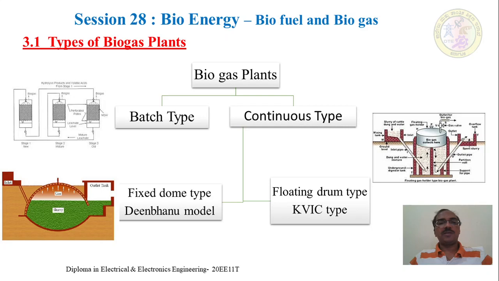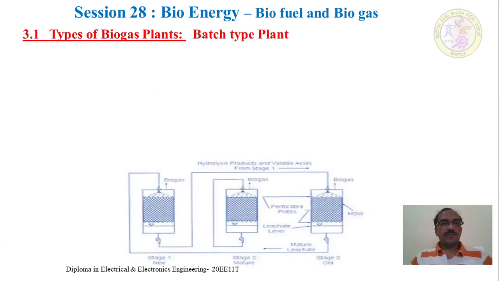A lot of research has been done on these, and in our country the maximum number of biogas plants used in villages to make them self-sustained are these two plants. We will explain these plants one by one.